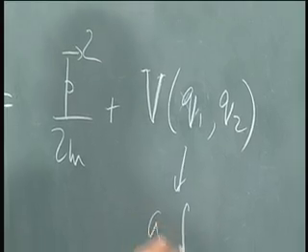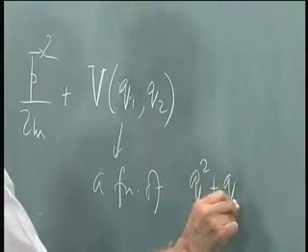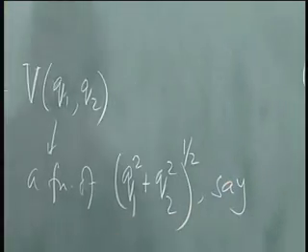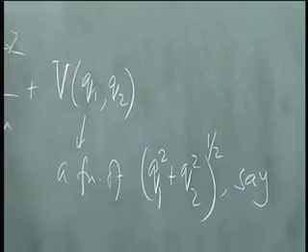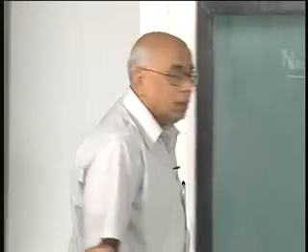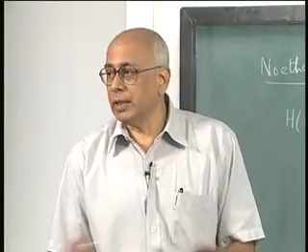So if this is a function of q1 squared plus q2 squared to the power half, say, it is a function only of the distance from the origin, then if I make a rotation of the coordinate axes in the q1 q2 plane, the new Hamiltonian is not going to look different from the old Hamiltonian. It is simply not going to change at all. You would expect that the physics of the problem will therefore not change.